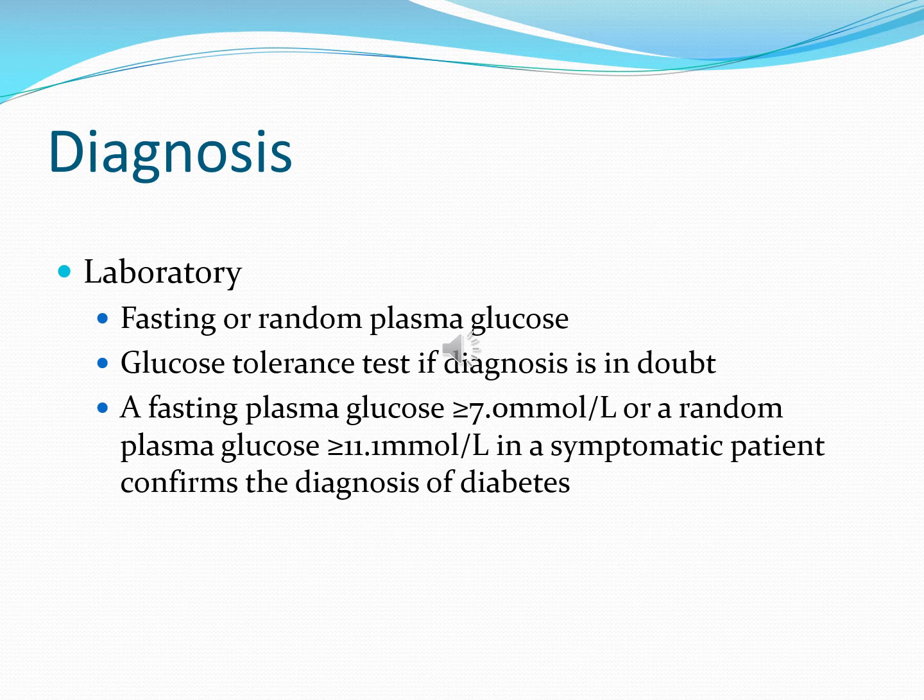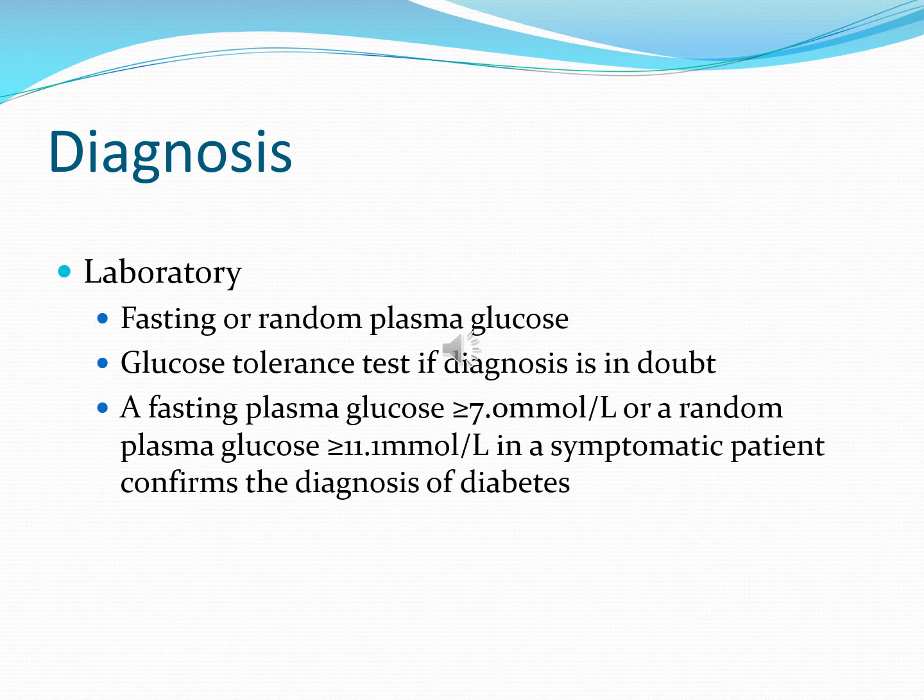However, diagnosis should always be done on a laboratory sample. So if you've got a point of care blood glucose reading, that's fine. It may be suggestive of diabetes, but you should always confirm that result with a glucose that's been measured in the lab. And the criteria for diagnosis are based on the WHO criteria. Okay, so you can either have a fasting or a random blood glucose, and if in doubt, you can do a glucose tolerance test.